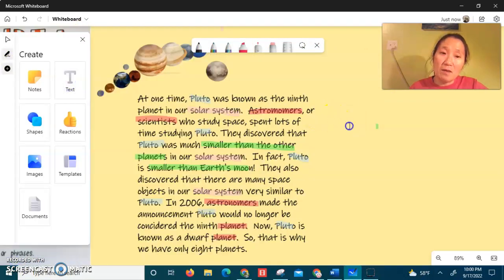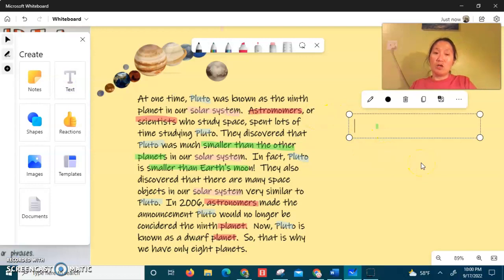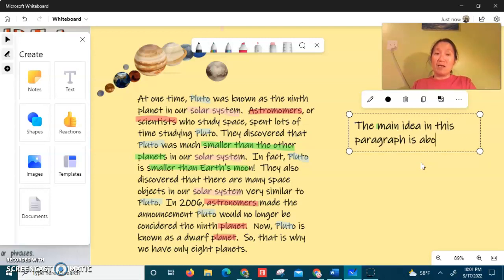If I was to type something up, I would want to say that the main idea in this paragraph is about scientists studying the size of Pluto.